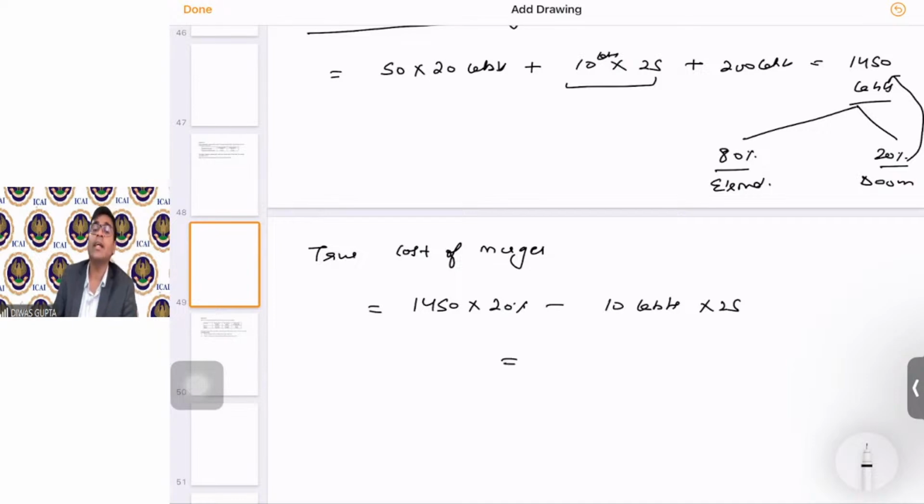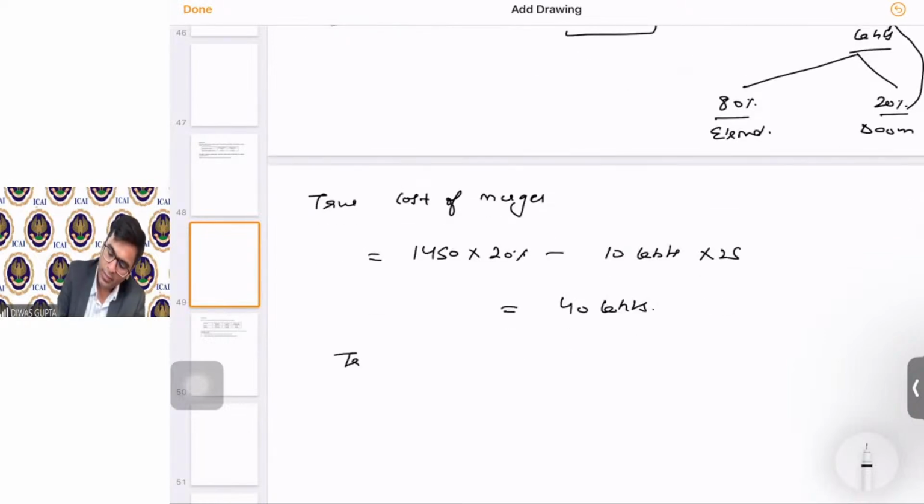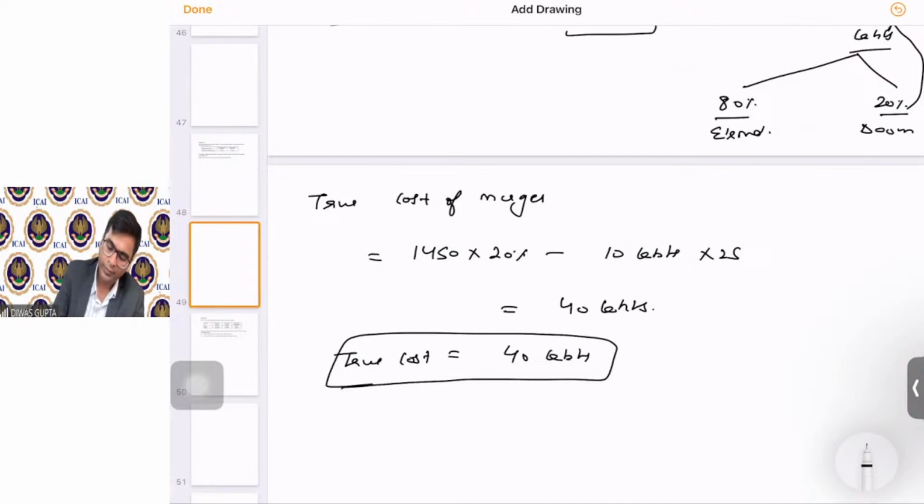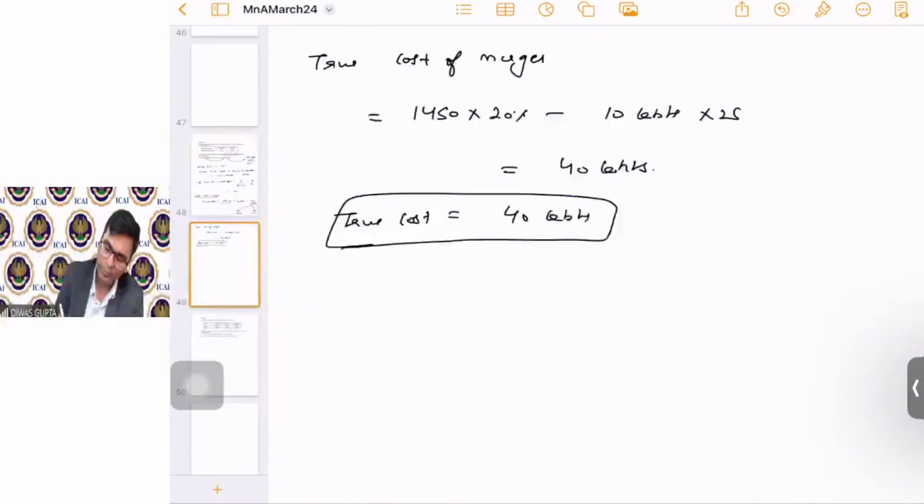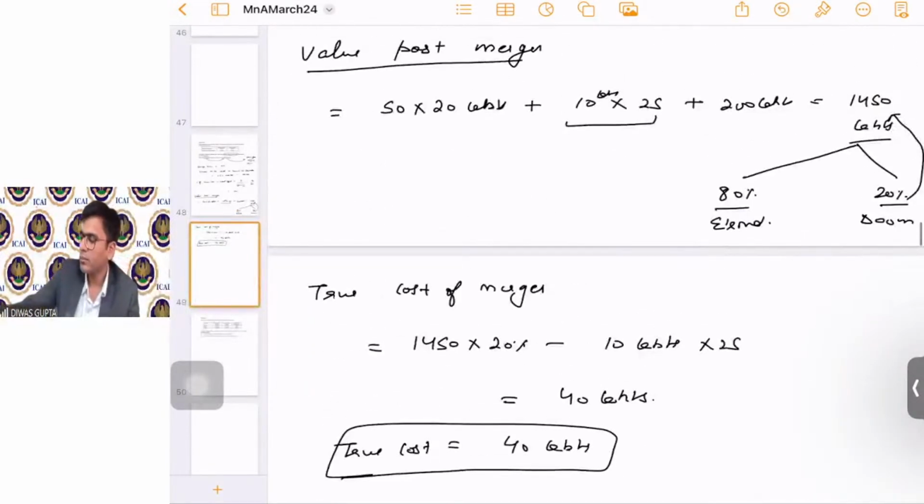So don't you think this is a gain to the shareholders of Doom Limited? That means it is a cost from the point of view of Elrond Limited. This becomes 40 lakhs. So the true cost becomes 40 lakhs, students. Clear, students? Any query? Please do let me know.